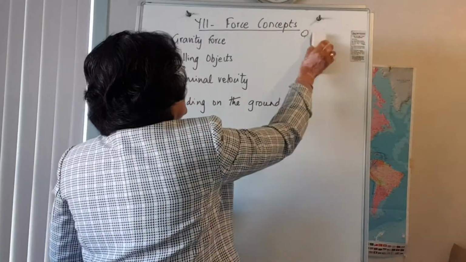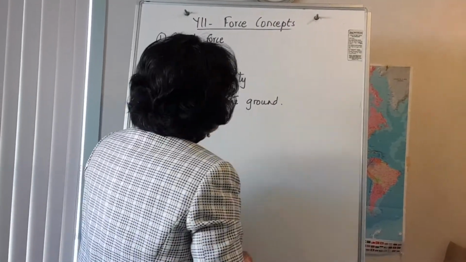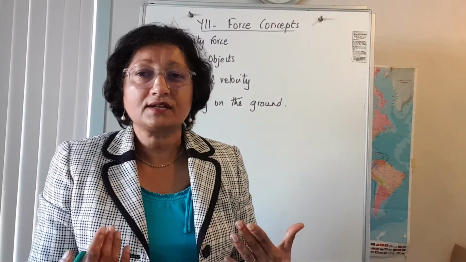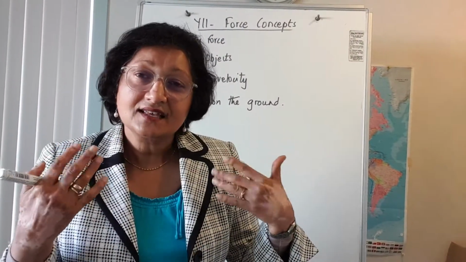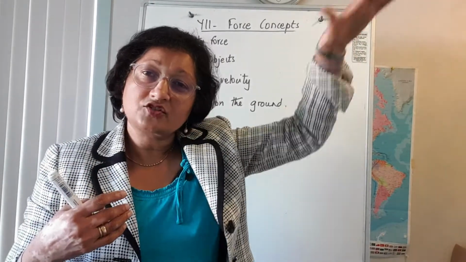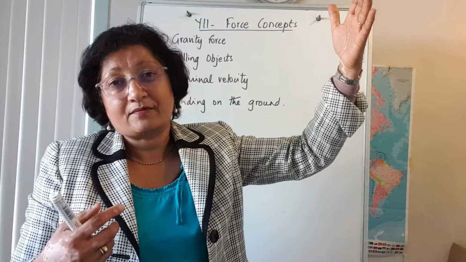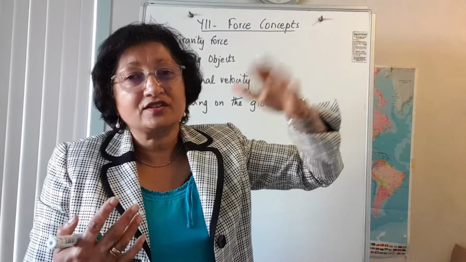However, if something is falling through the air and we take air resistance into account, let's say it's falling from a great height. These are like skydivers, parachutists diving off from light planes. Okay, so you fall to the ground.